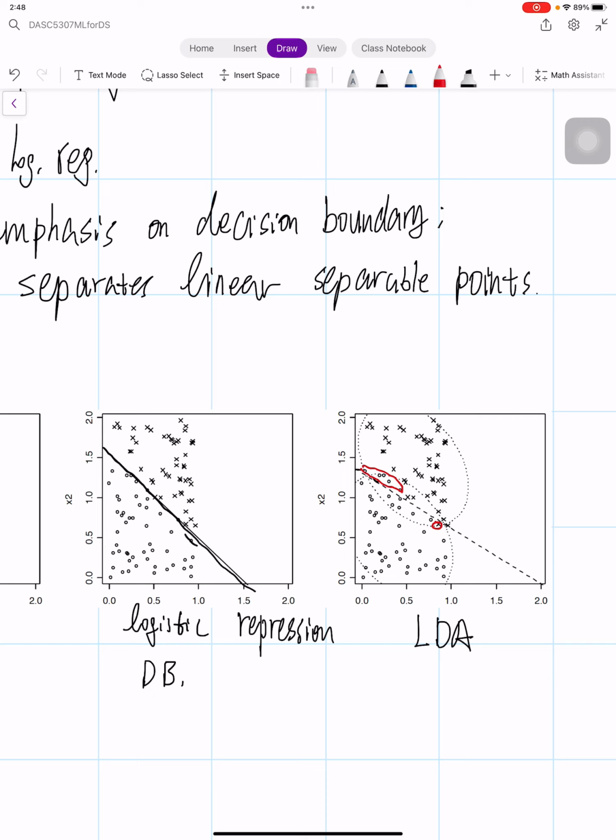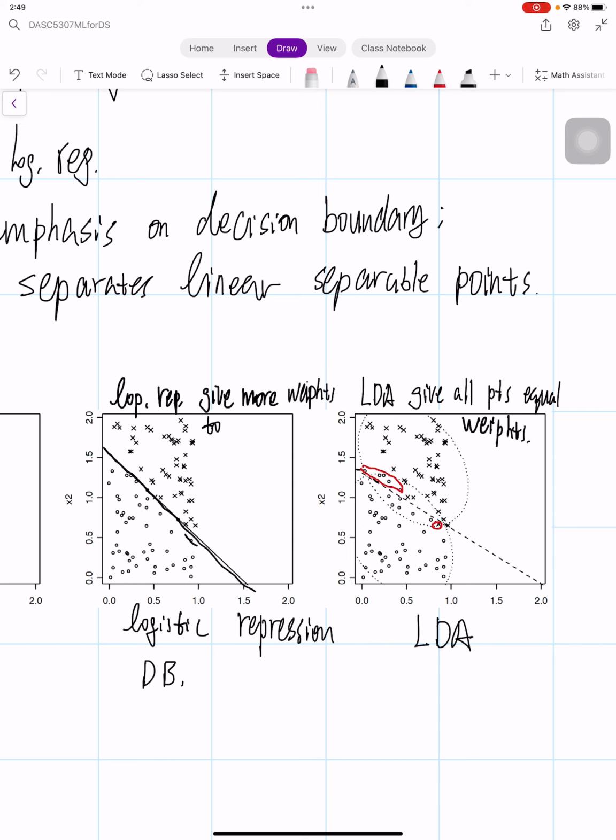LDA gives all points equal weight when fitting the Gaussian distribution, but logistic regression gives more weight to boundary points.